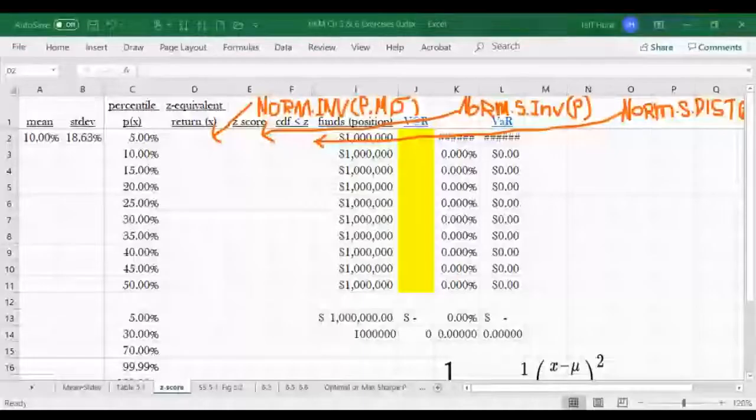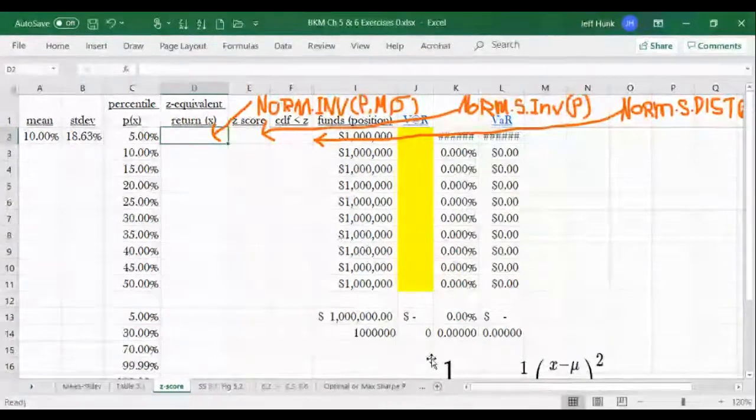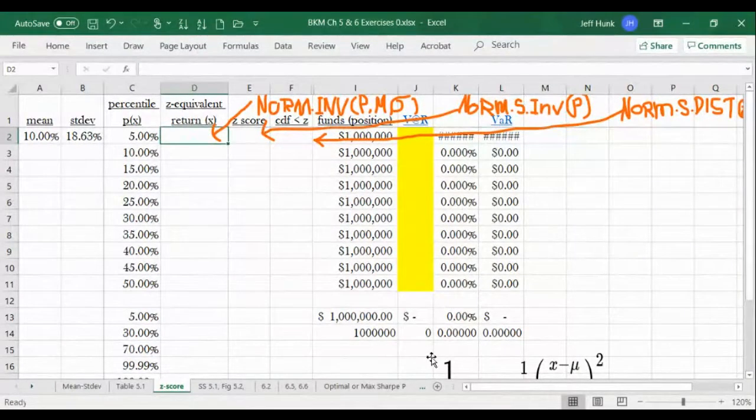So let's do that. Let me stop this and share once again the Excel file, and you should see it just about now. Yeah, I can see it now. So then, how do we find the z-score?